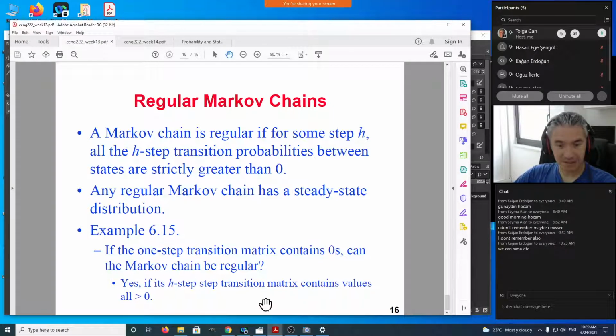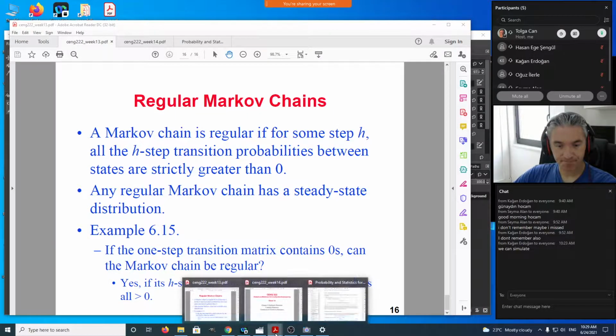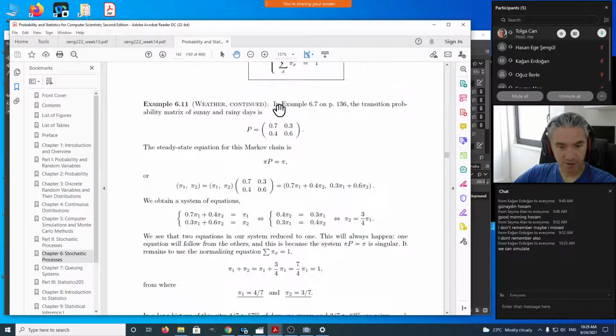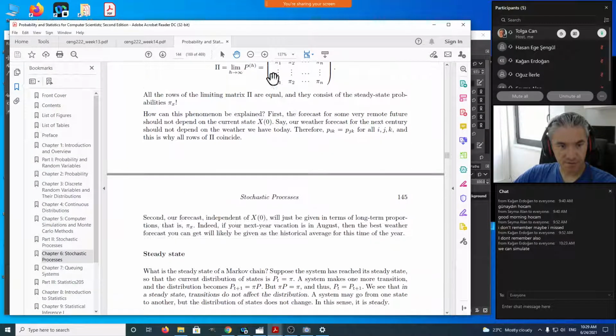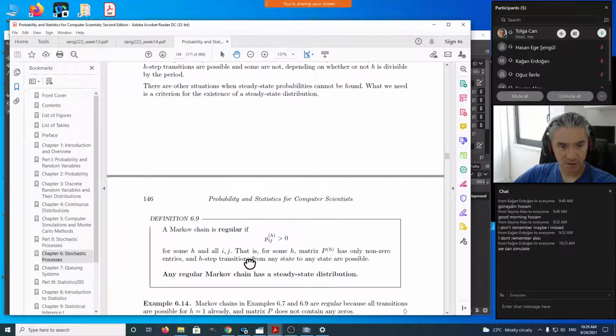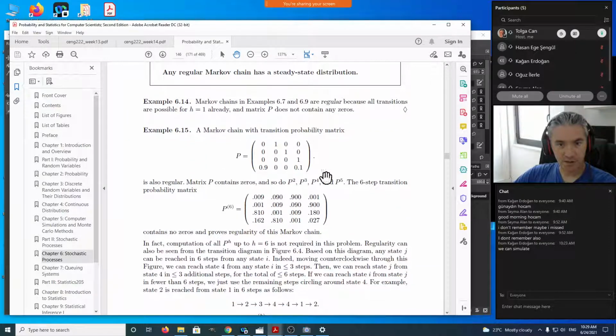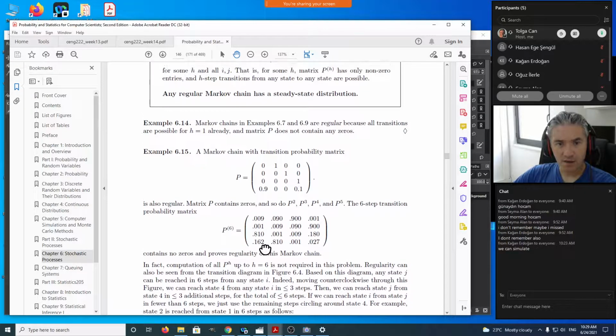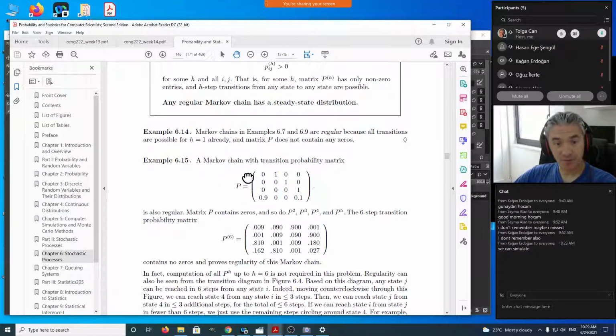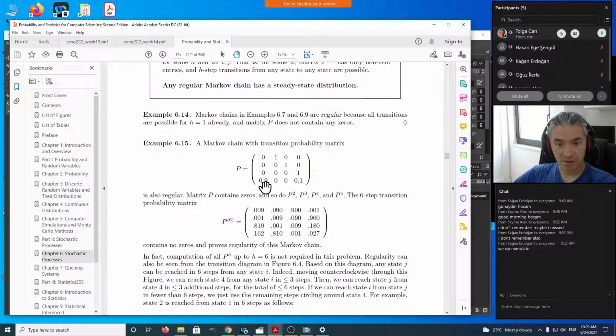So if you look at example 6.15 right here, look at this, lots of zeros: 0.9, 0.1, 1, 1, 1. The one-step transition probabilities contain a lot of zeros.